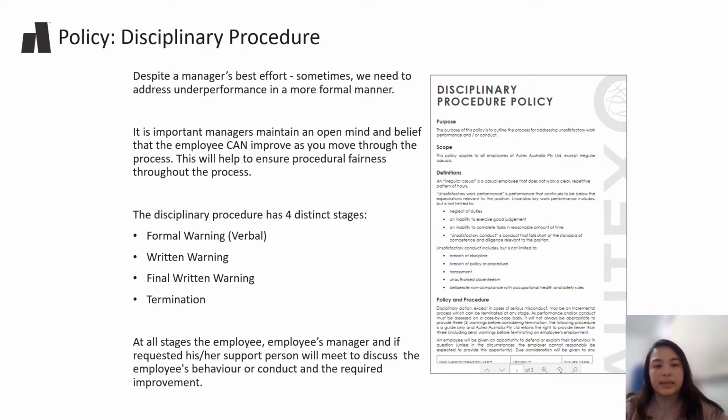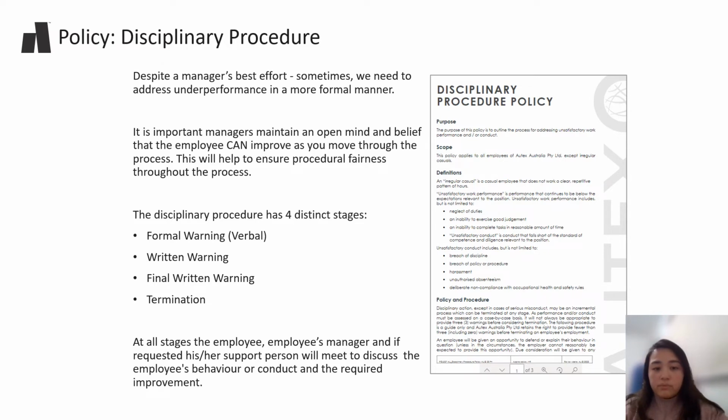All right. There's 4 different stages in this policy. So the first one will be a formal verbal warning, and then there'll be a written warning, then a final written warning along with a termination of the employment.